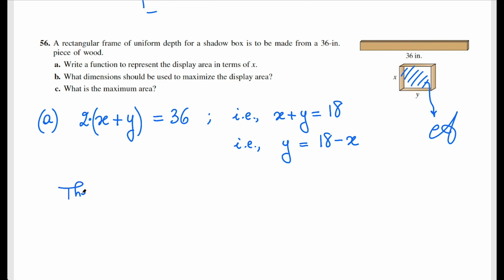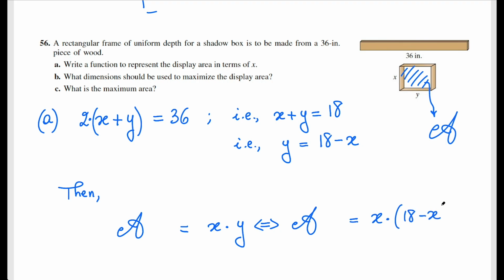So then this area function, which is x times y, is equivalent to x times the y, which is 18 minus x, right? Now I have a function in one variable. One more time.